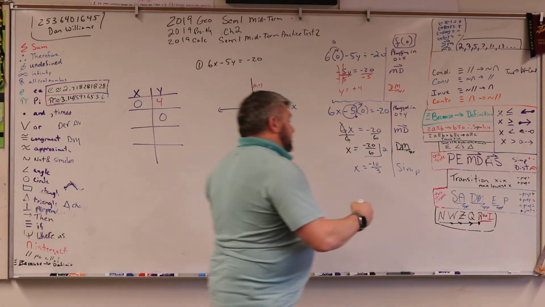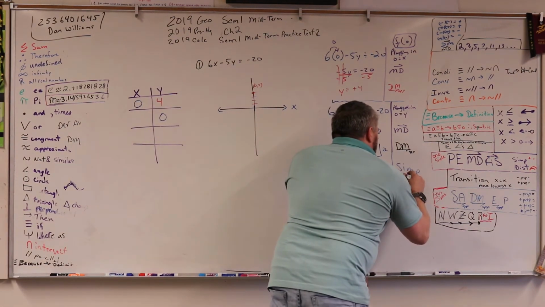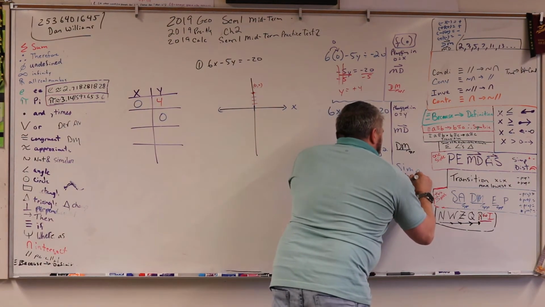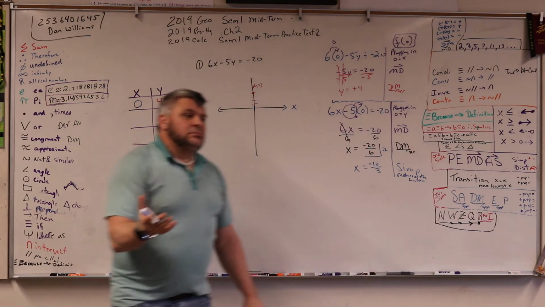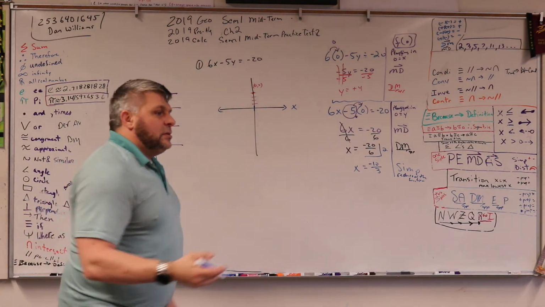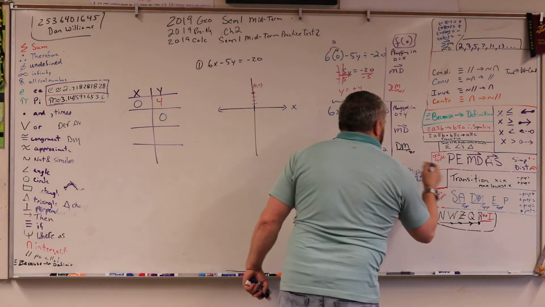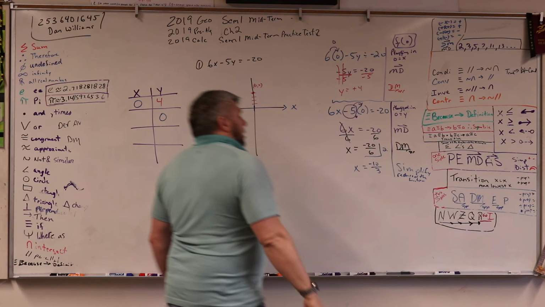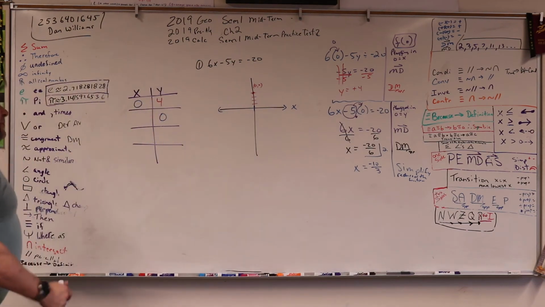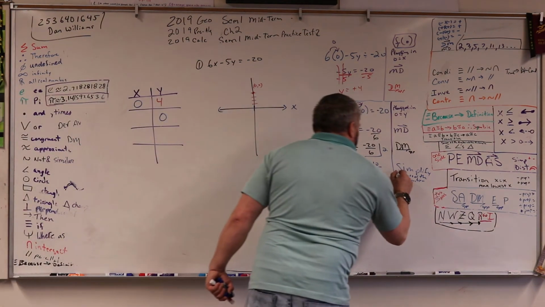So if you want to say simplify, if you want to say we reduce the fraction, it's up to you. Okay? Either one. Whatever you want to say, but that's what we did, okay?